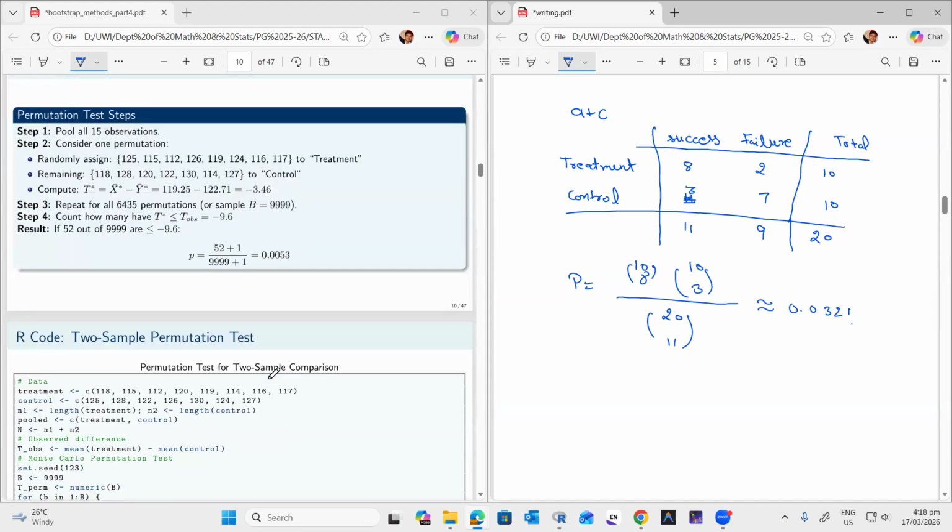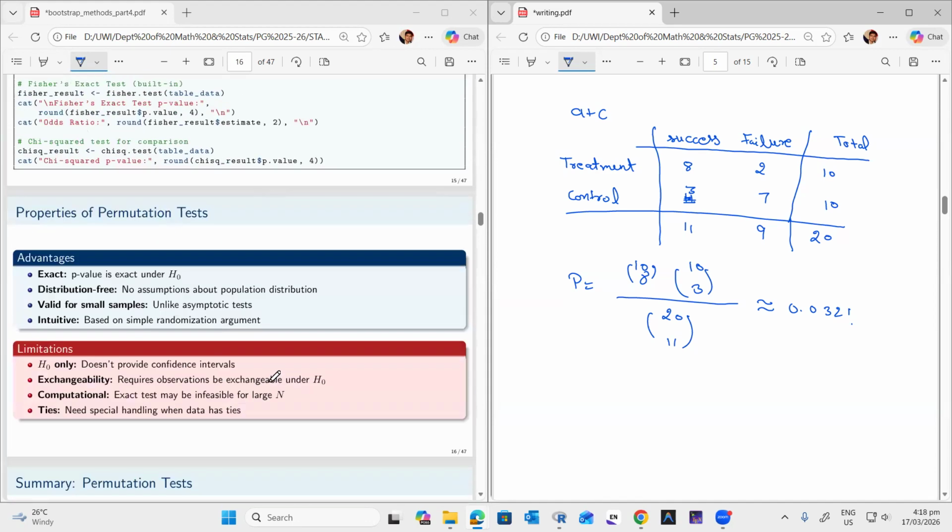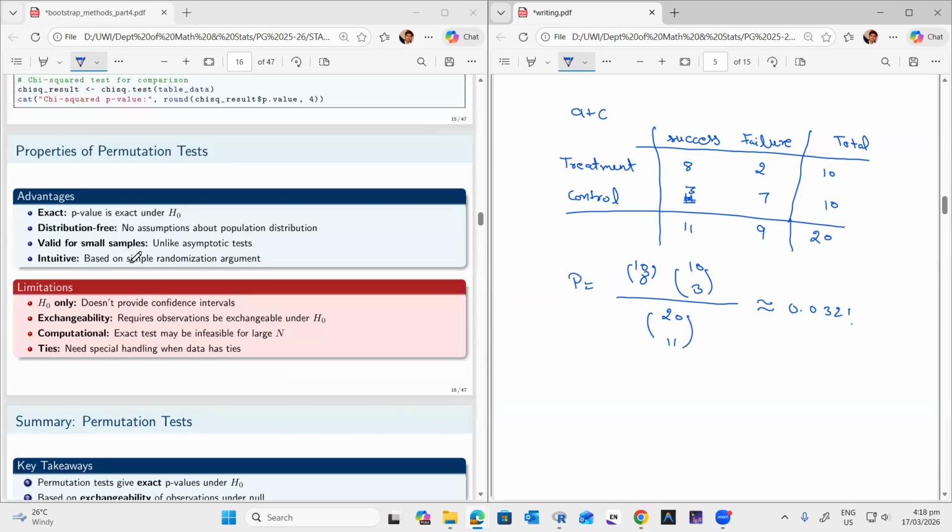So it will give you the exact p-value. It is distribution free, so no assumption about the population distribution is needed here. It is also valid for small samples, unlike asymptotic tests. And it is based on a simple randomization argument, so it is useful when randomization arguments are there. That's why we call it the randomization test.